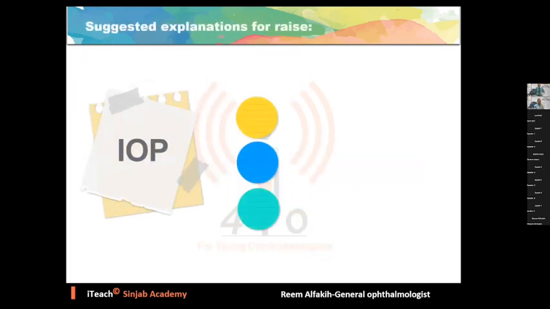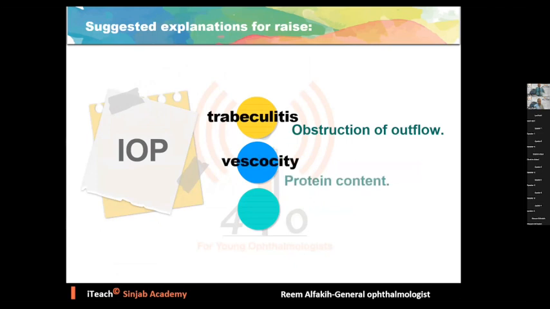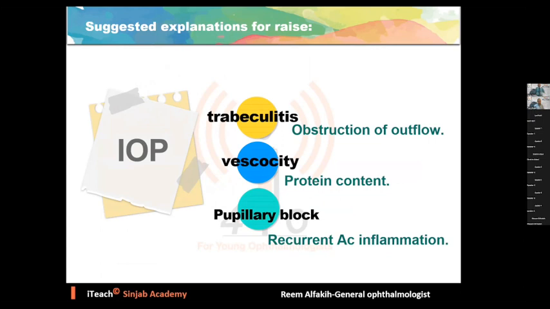There have been many suggestions for the raise of IOP. The first is the occurrence of trabeculitis and the obstruction of the outflow by the swollen trabecular meshwork cells, the increased viscosity by the increased protein content, and a pupillary block due to recurrent anterior chamber inflammation.